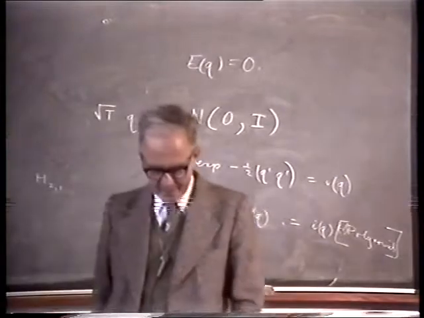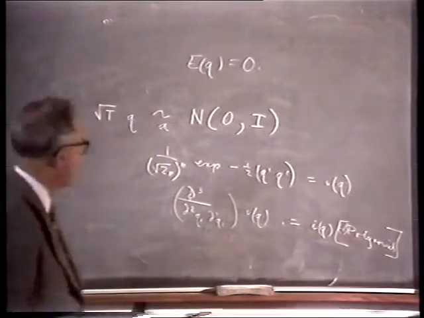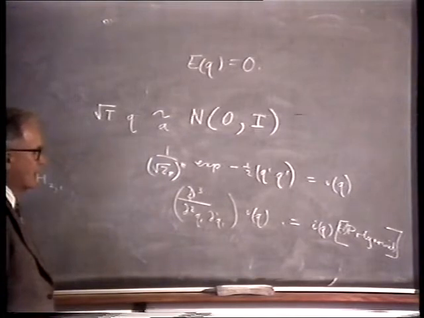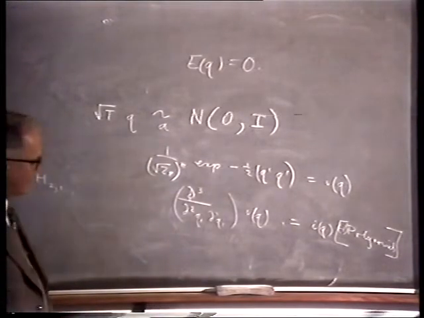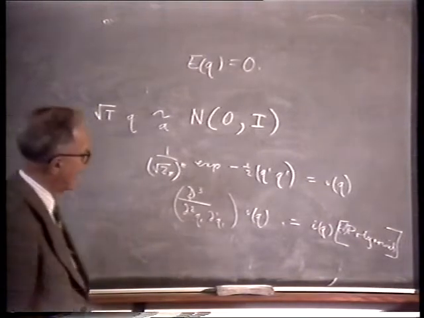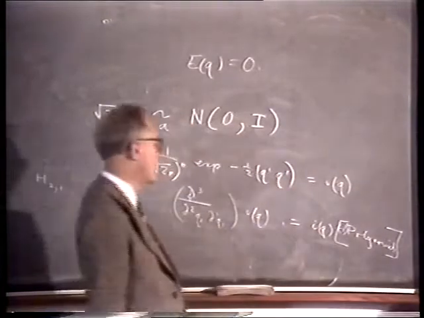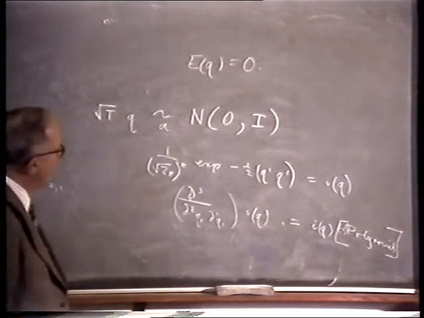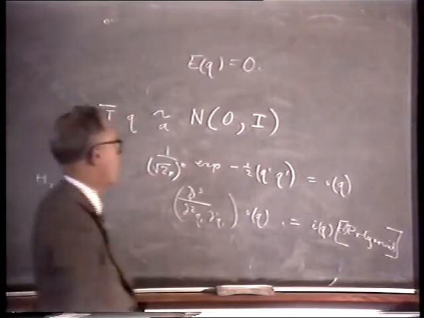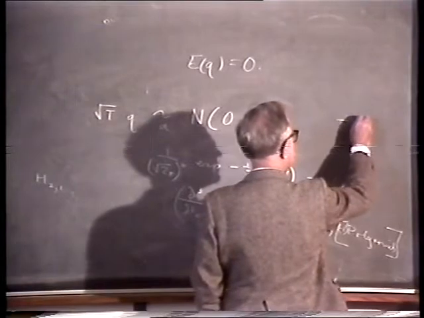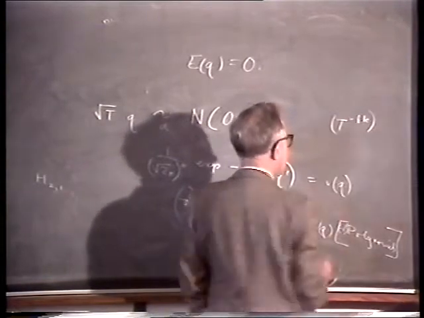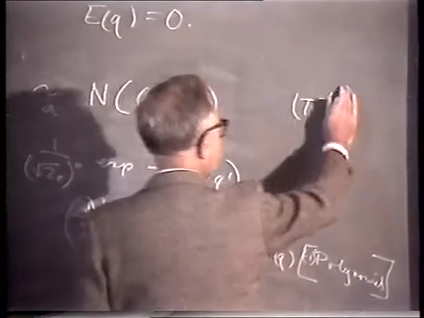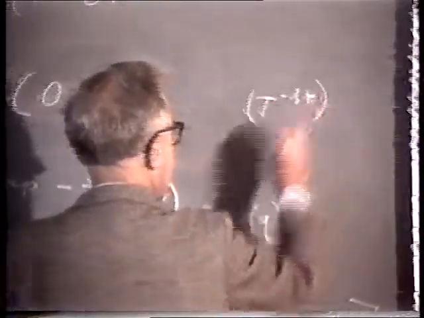However, we can now regroup the terms that we have in this Edgeworth expansion, and for a valid expansion, what one needs is that the various terms are of appropriate order in t to the minus a half r, for various values of r.